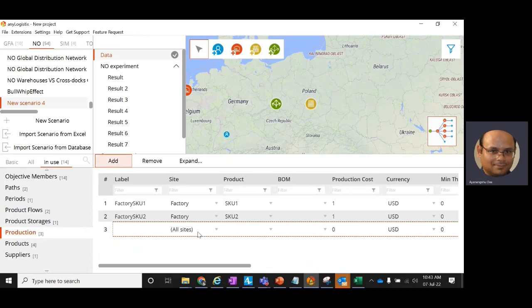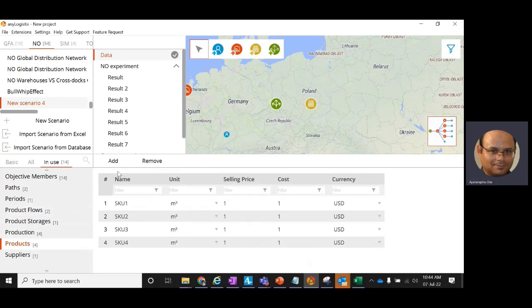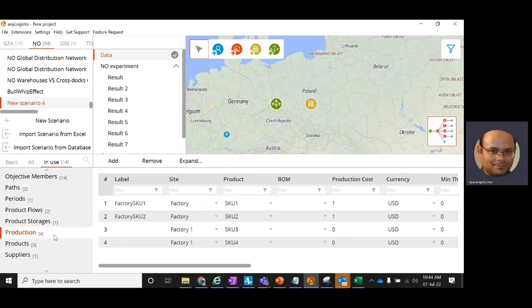We will see that factory 1, the new factory that we have added, is producing SKU 3 and SKU 4, and maybe we will add another product to make it clear, SKU 5 as well. And in production, we will add this SKU 5 as well here.